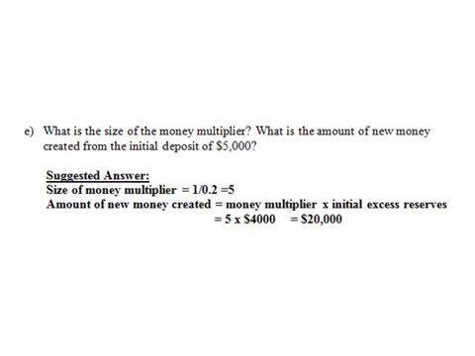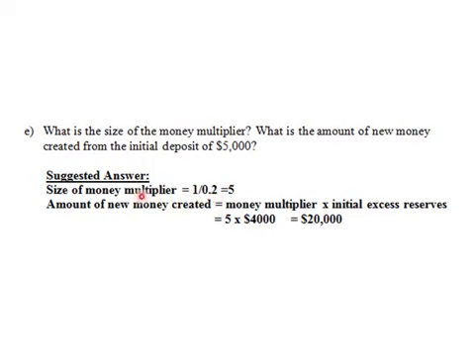Now the question asks us, what is the size of the money multiplier? Based on your notes or the online lecture, there's a formula, 1 over RRR, which is your required reserve ratio, that will give you your money multiplier. Take note, when you calculate the money multiplier, please don't put 20 here. Use the ratio 0.2 for 20%.